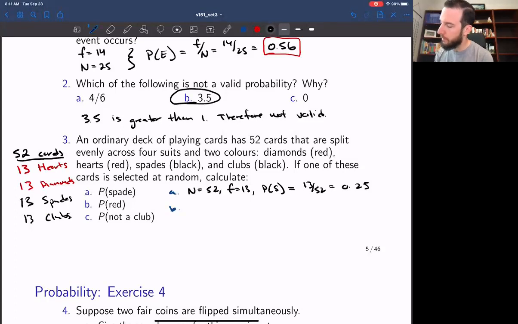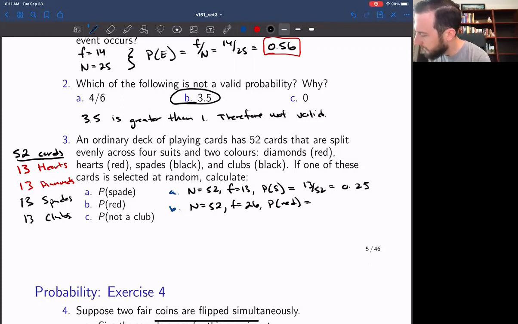Similarly, in part B, what is the probability of getting a red card? Again, N is 52, f is 26. The probability of observing a red card is 26 over 52, which is 0.5.